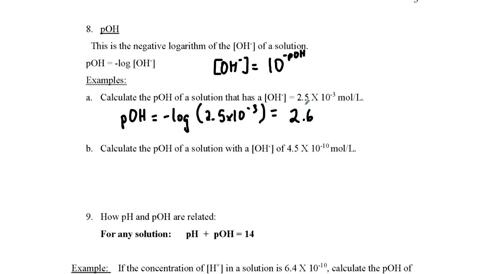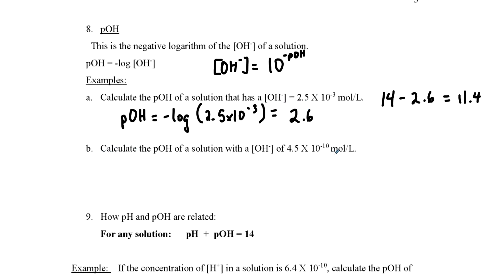So a pOH of 2.6 is in fact a pH of 14 minus 2.6. So what's that? 11.4. Is that right? So a low pOH is a basic solution. A higher pOH would be acidic.